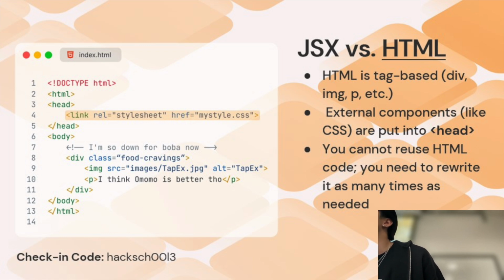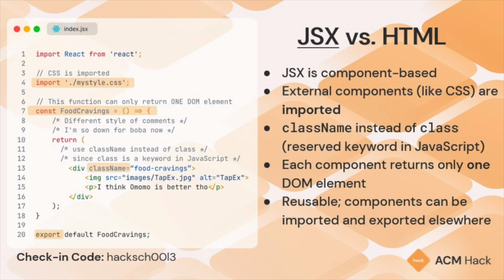And then external components like the CSS are put into this head tag. So in order to get the style sheet, we would have to do something like this. And then a key drawback of HTML is that you cannot reuse HTML code. So every time you want to do the same thing over and over again, you would have to copy and paste the code. So that is solved in JSX.